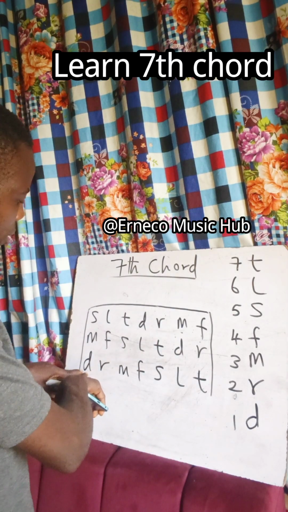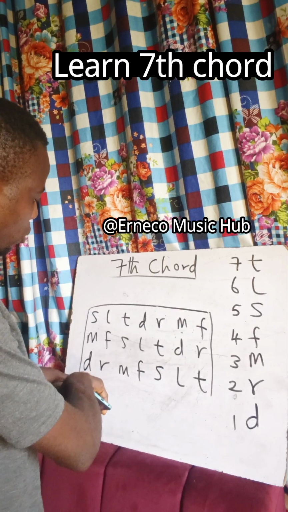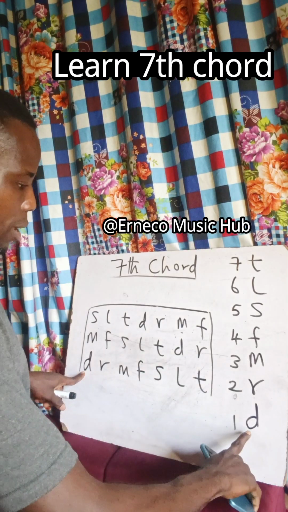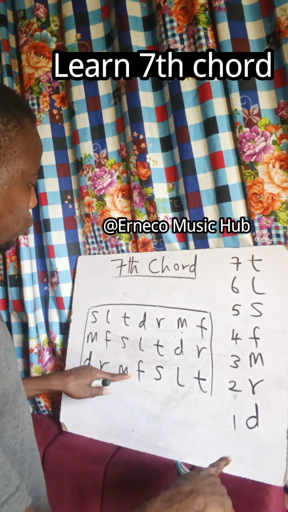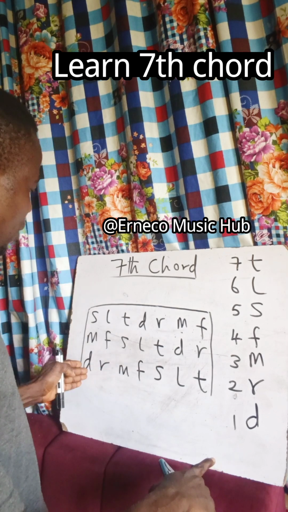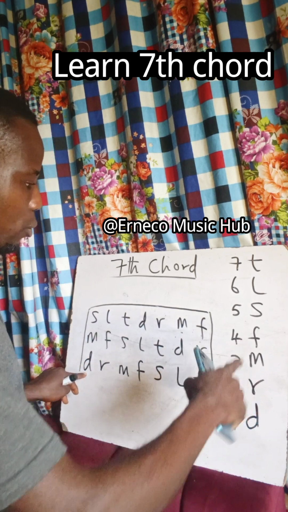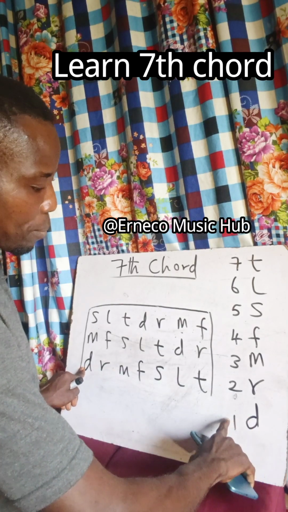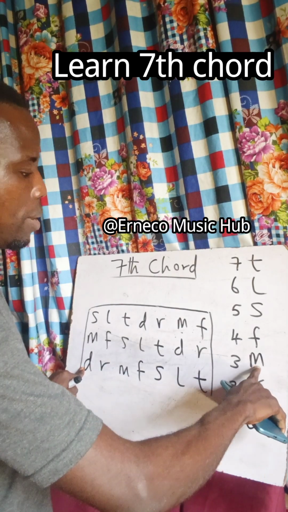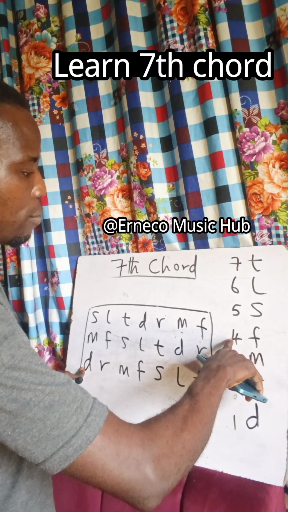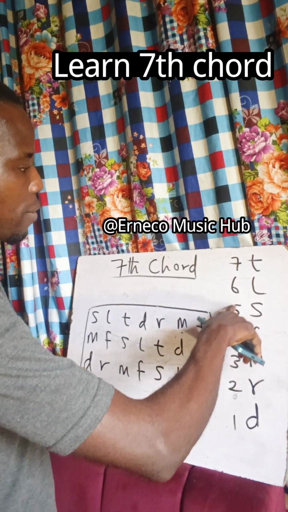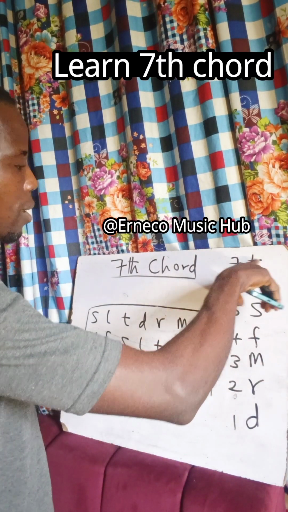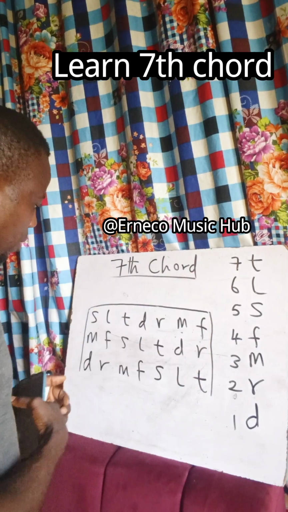Look at it now. This do, the seventh note of the do is ti. You are counting from the root. Every chord has a root. So from the root, what comes before that root? Look at it. Do is 1, re is 2, mi is 3, fa 4, so 5, la 6, ti is 7.